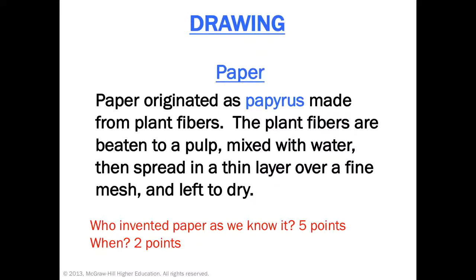So I had a question there, who invented paper as we know it? This is for my live class. So the Chinese invented paper as we know it, and that's made more of plant fibers other than the papyrus. Papyrus was very crude. If you think of plywood, that's kind of what papyrus was like, only it was paper. Paper, as everybody's very familiar with, is different layers often of pulped up wood, but it isn't just beaten fibers.